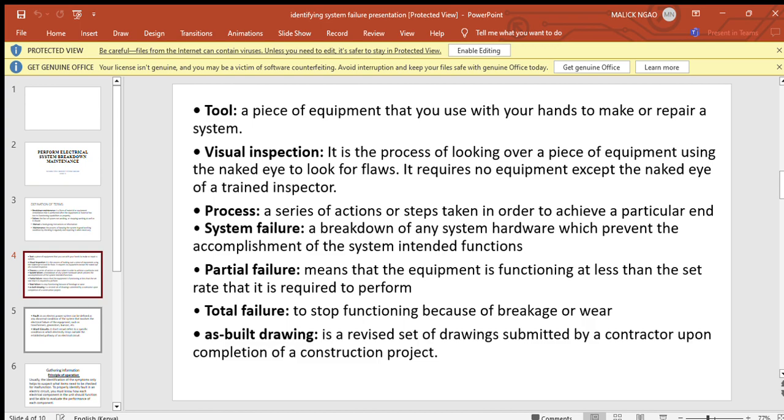And we have failures. We have three types of failures, and one of them is system failure. We have another, which is partial failure, and total failure. Under total failure, who can explain to us about total failure?